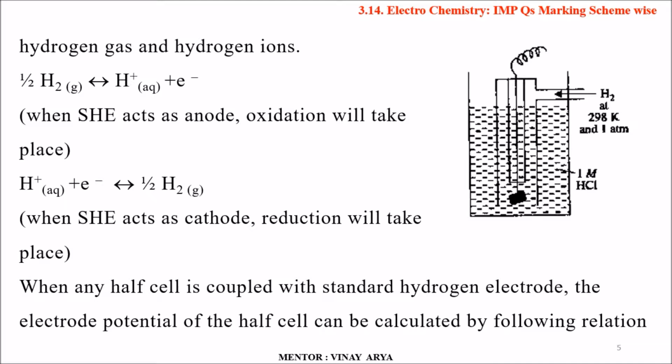Platinum black is taken because hydrogen cannot be solidified. We require an electrode made of hydrogen, which we cannot have, so we are bubbling hydrogen, and platinum black, which adsorbs it on the surface, makes it a hydrogen electrode.